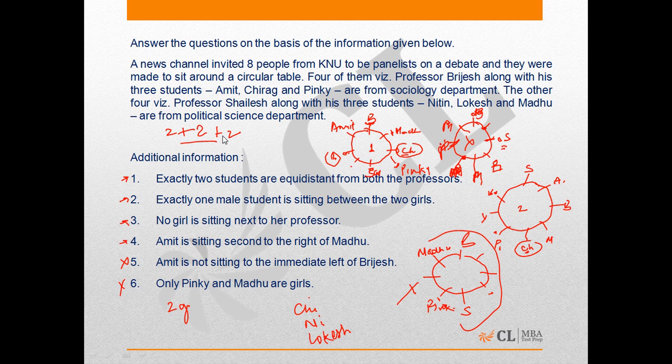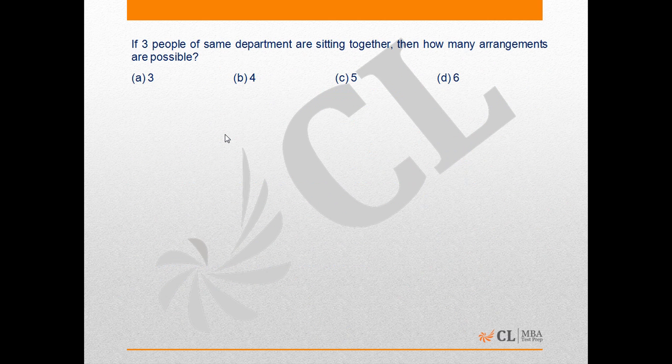Therefore there are six different ways in which people can sit around the circular table. Hence option D is the correct answer.